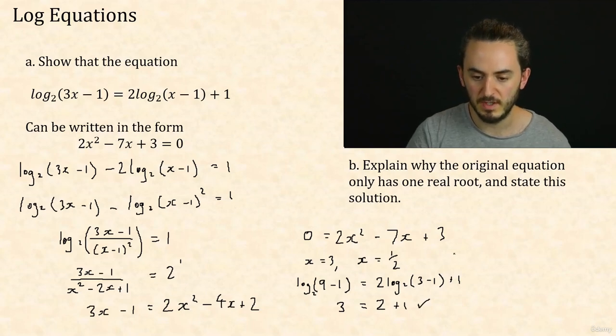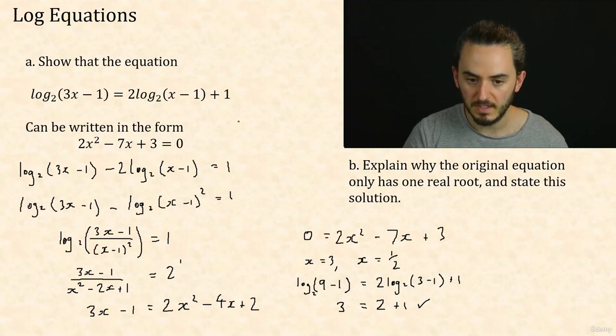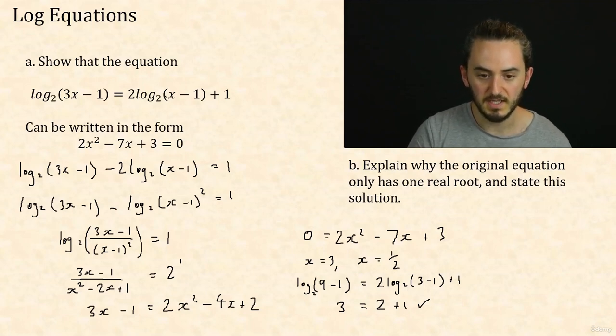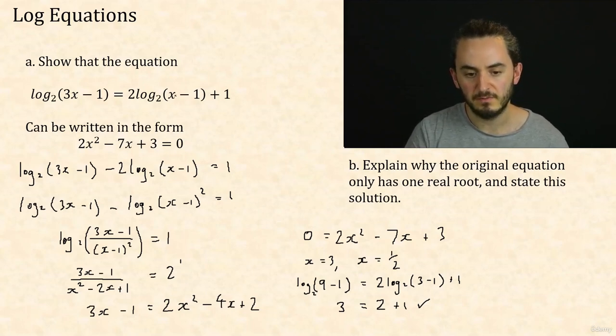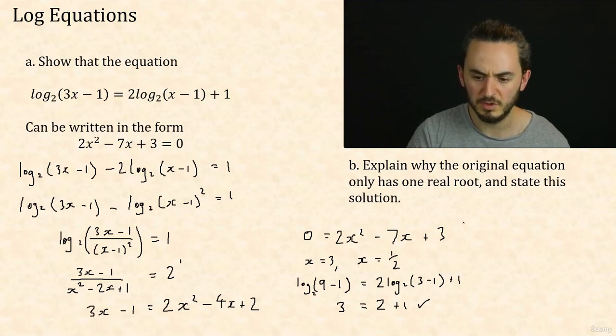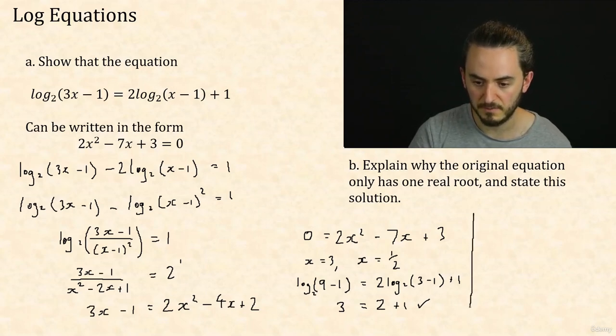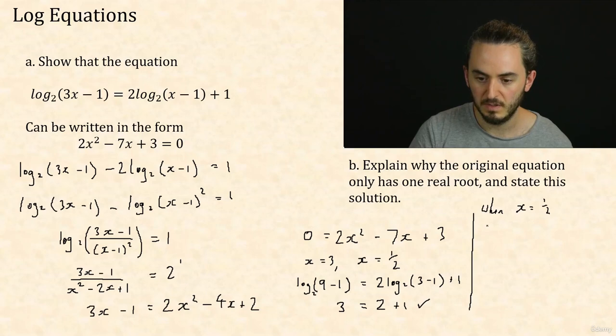The issue is with the x equals a half. If I look at this one here, log base 2 of a half minus 1 would give me log base 2 of minus a half. So here's the issue. When x equals a half, we have log base 2 of minus a half.